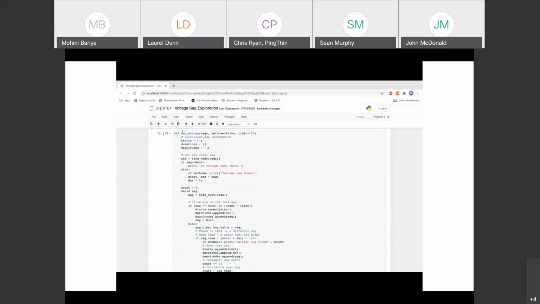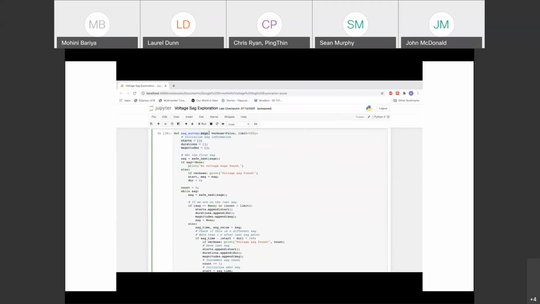Now that I've finished the first part of my algorithm, this is the second part. This function is going to aggregate the raw sag points into individual independent voltage sags. What it's going to return is basically the start time of the sags that were found, their duration, and their magnitude, which is the magnitude of the deviation from nominal.